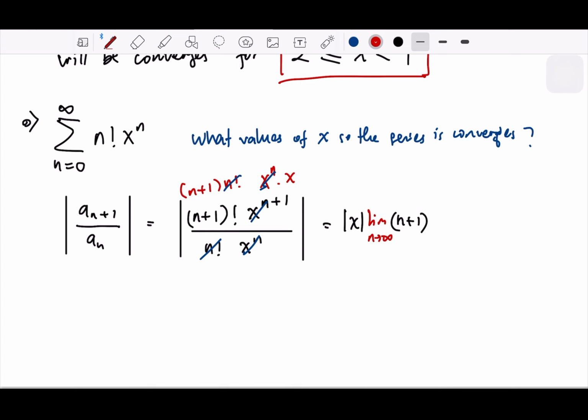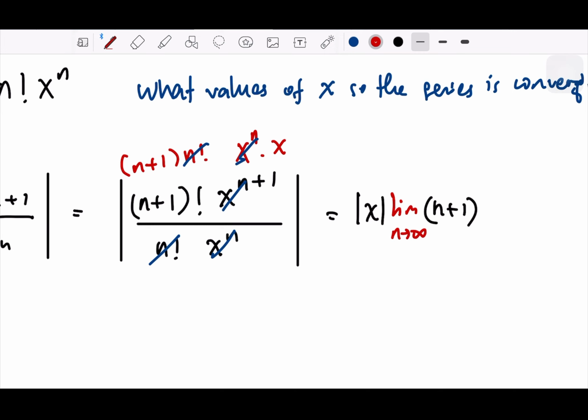Now the question is, what values of x make the series convergent. If we look at this limit, this n plus 1, of course this limit is getting infinite, right? But if we look at the x, what values of x make the series converge? Yes, if x is 0, then it's converged.